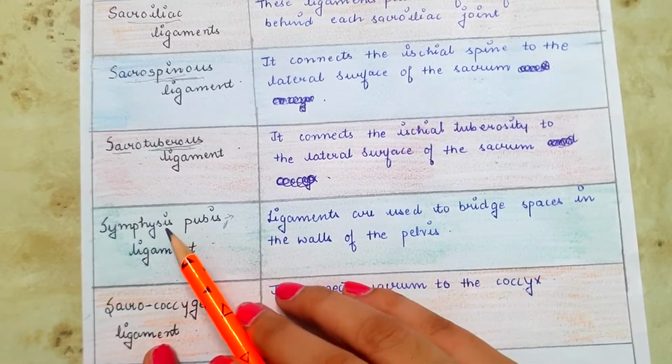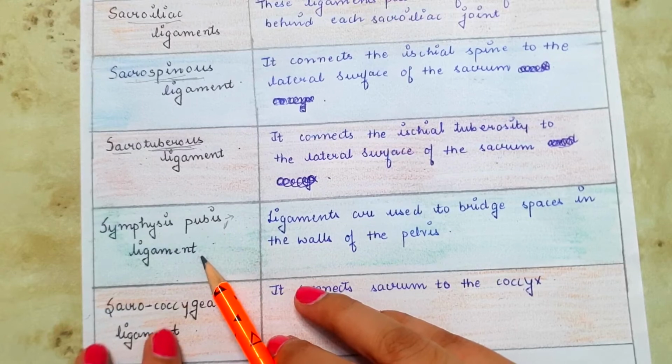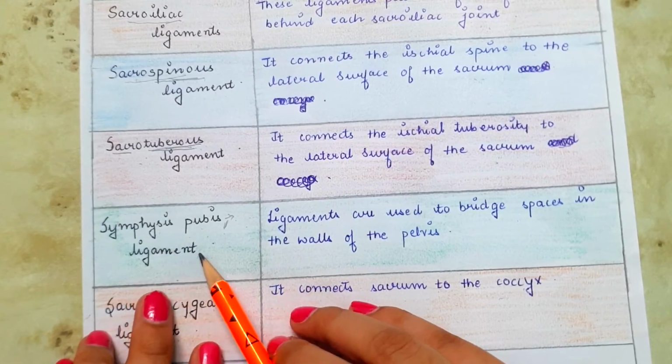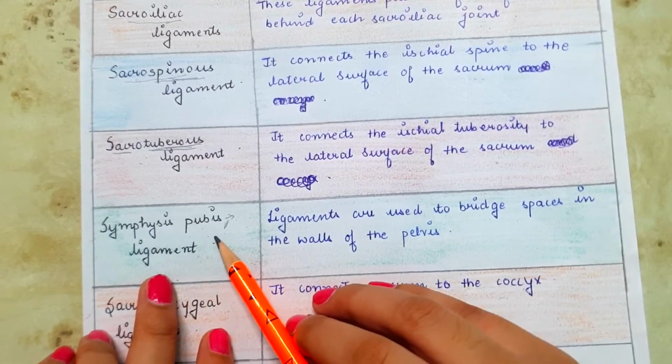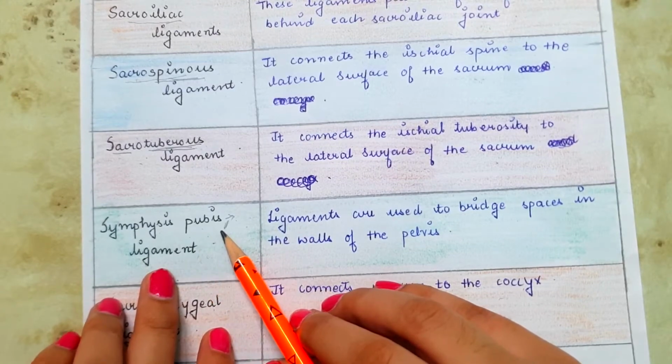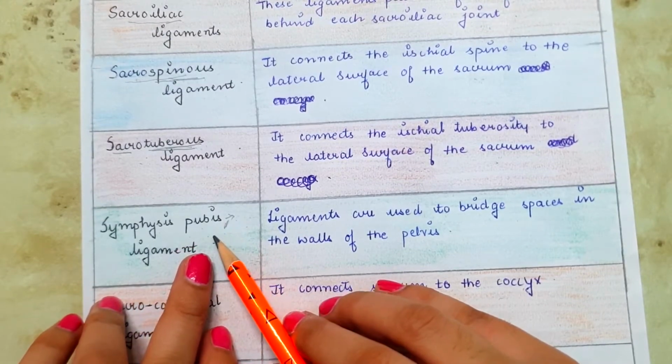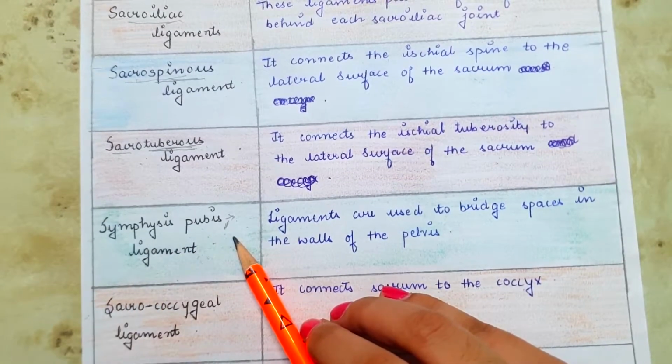Next is the symphysis pubis ligament. As the name suggests, this ligament is present around the joint known as the symphysis pubis, which is formed between the two pubic bones.